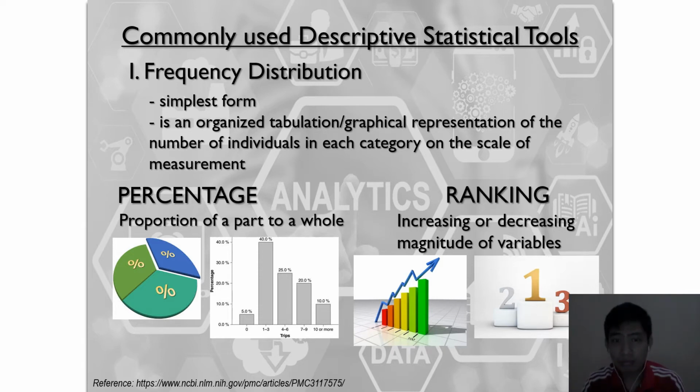But why is there, in some cases, a high percentage of poor or fair quality care? On that note, we can see it in a pie graph or in a histogram, that there's a low percentage on a specific variable or component on the questionnaire.